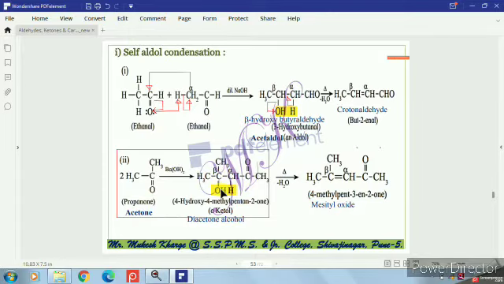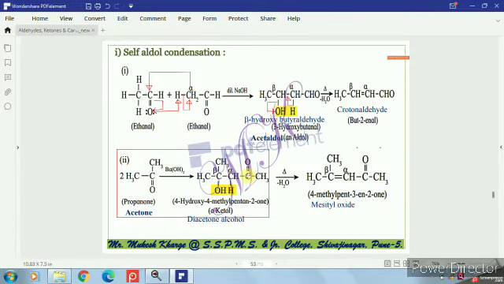So what do we get? CH3 twice, COH, CH2, C double bond O, CH3. So what is the name? Your compound is acetone, so diacetone alcohol is the common name. Then if you write, this is the functional group carbon, next to that is alpha, then beta, and beta contains OH.